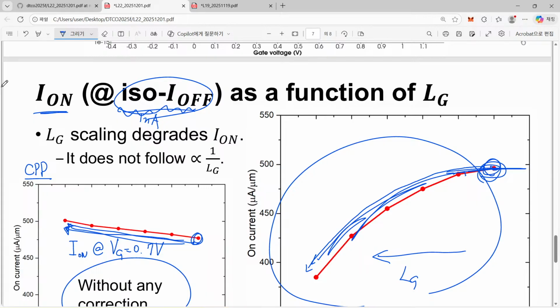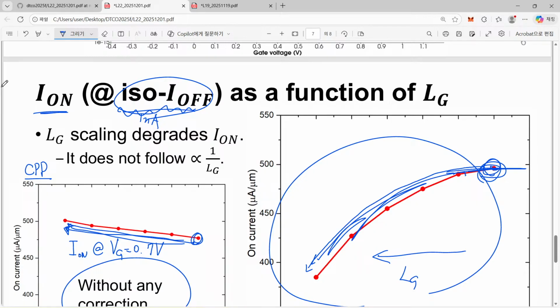And then how can you do that? Of course, engineers can try many different things, and they can introduce many clever ideas. However, I want to state one point. Although they can make clever ideas and some tricks to slightly improve the performance, more or less this short channel effect is a kind of electrostatic problem.